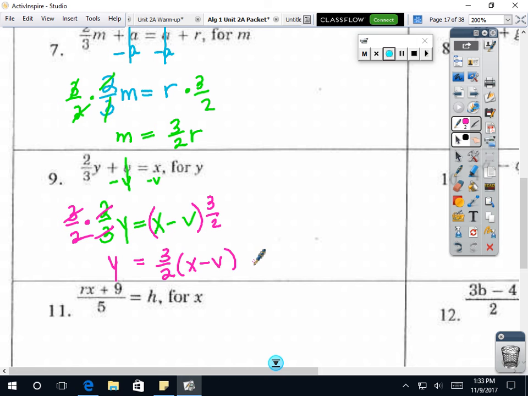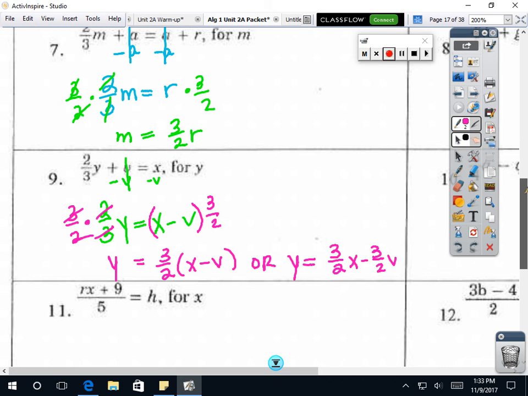Or you may even see this. They may go ahead and distribute that 3/2 and get 3/2x minus 3/2v. They may go and distribute it through the parentheses. Any questions about that one?